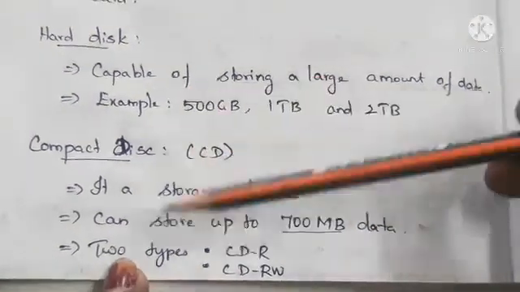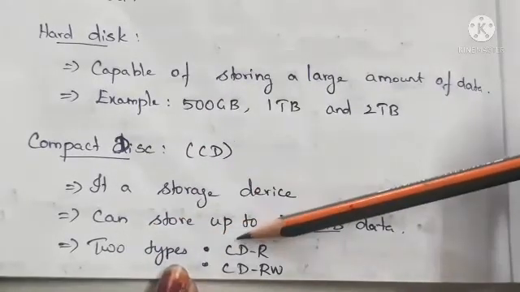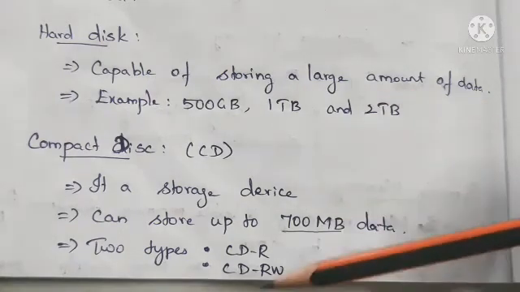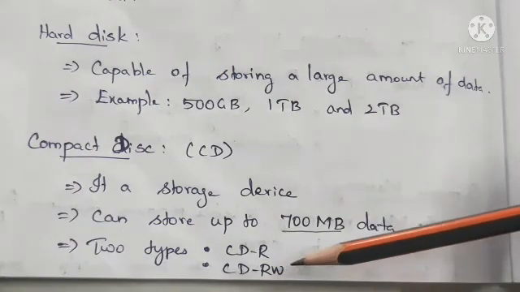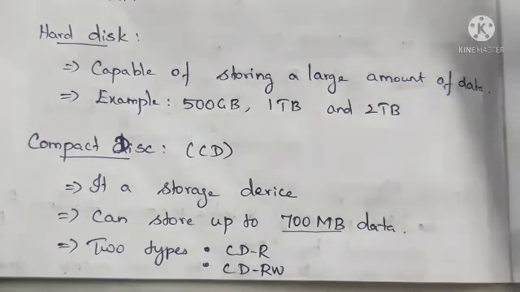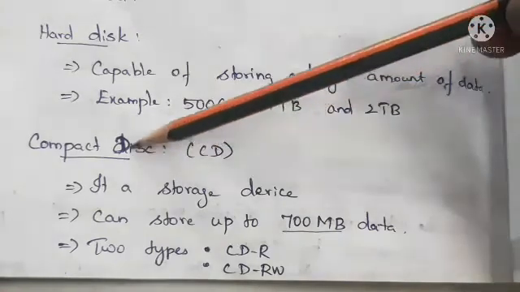And also the CD is divided into two types. There are two types of CDs, that is CDR and CDRW. CDR means CD recordable, and CDRW means CD rewritable. See once again. CD means compact disk.